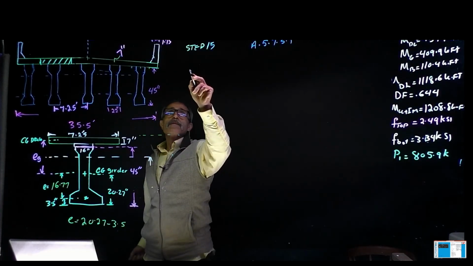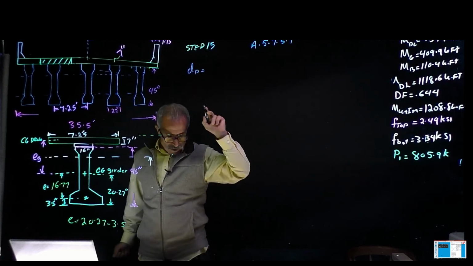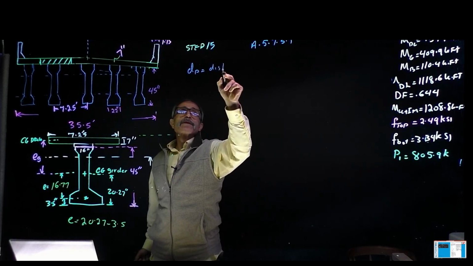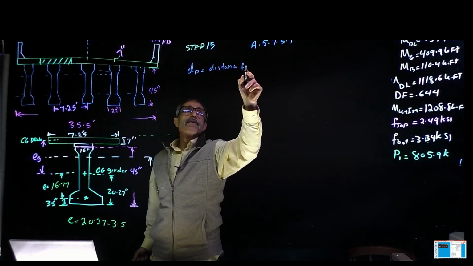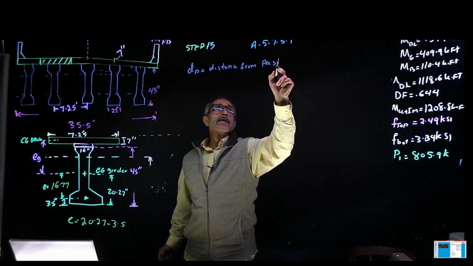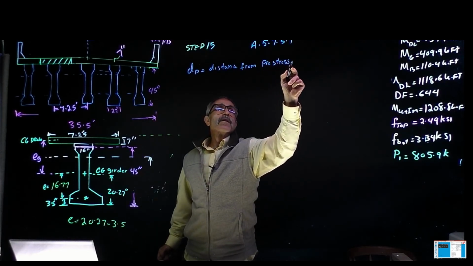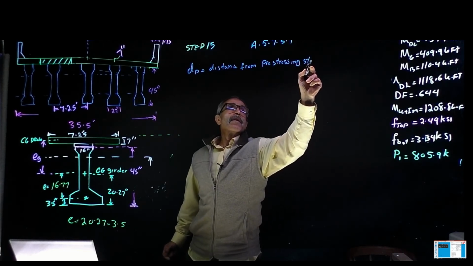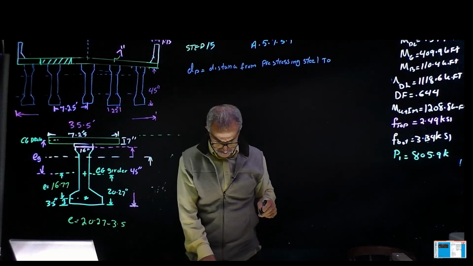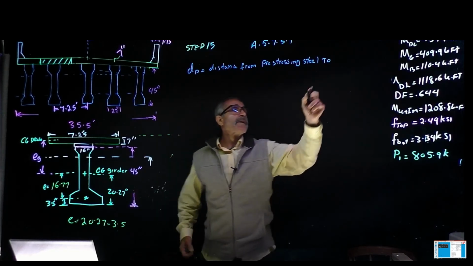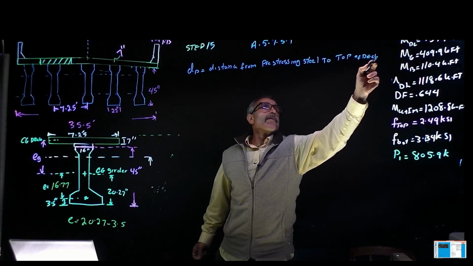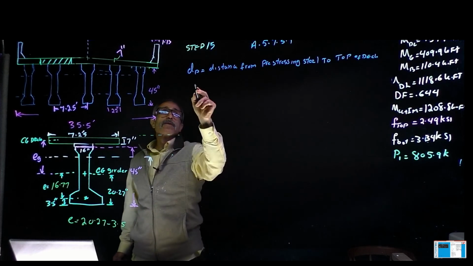I want to find the dP, which is the distance from the pre-stressing steel to the top of the deck. Let me write this down. And that's going to come out to dP is equal.